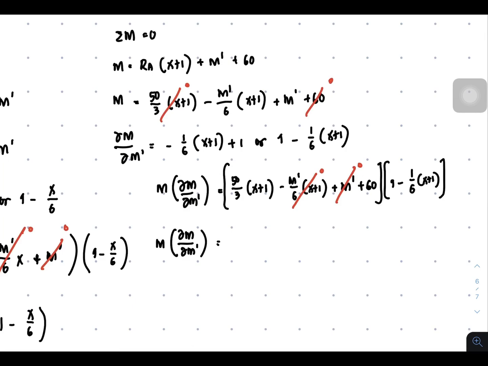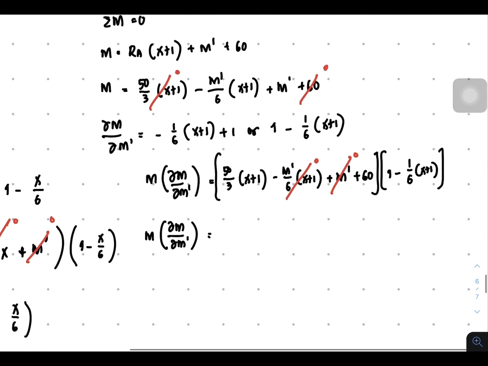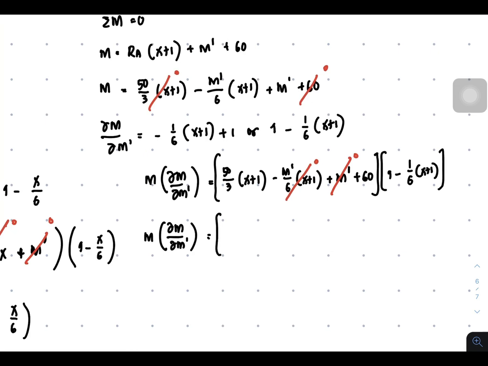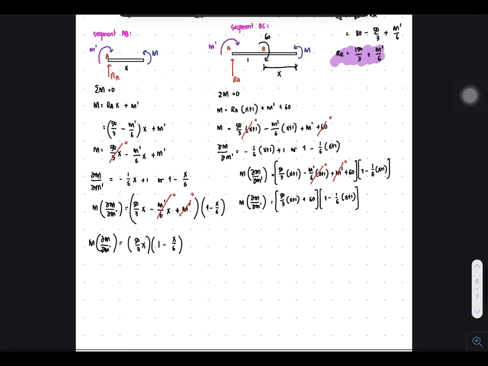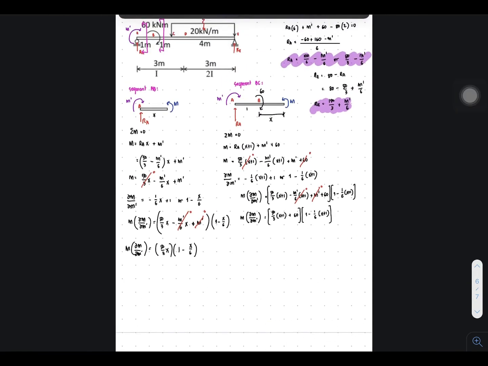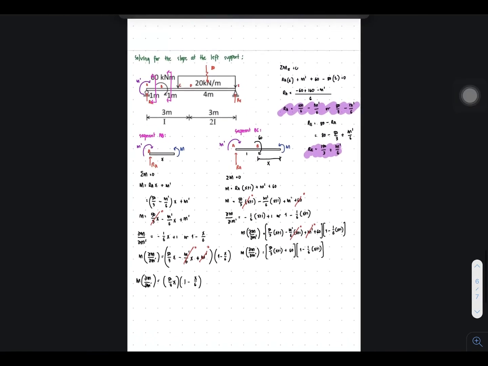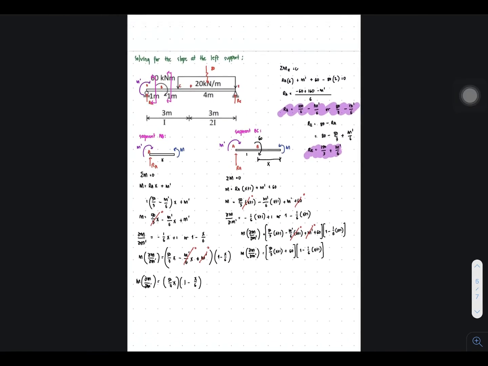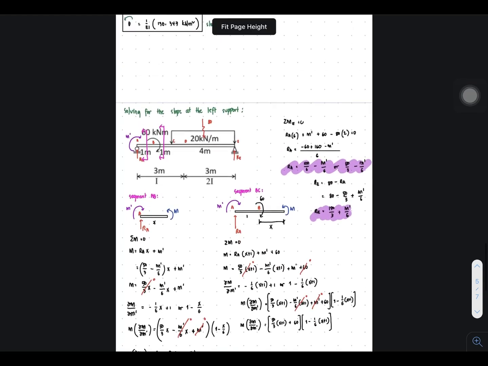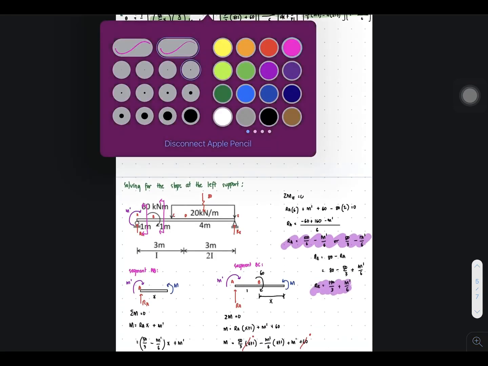So partial derivative of m with respect to m prime, it's going to be 50 over 3 x plus 1 then plus 60 times 1 minus 1 over 6 x plus 1. So that is for the segment BC. Let us continue with the next segment.